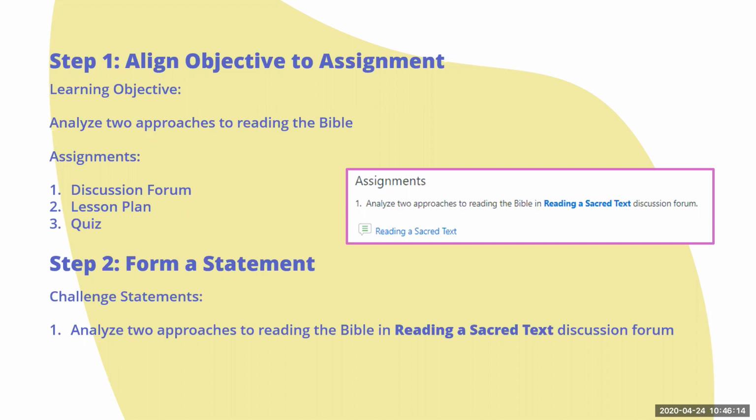Step 2 is to form a statement that connects the learning objective and the assignment. Again, in this example, analyze 2 approaches to reading the Bible in Reading a Sacred Text discussion forum. Now we are informing students of the connection between an objective and the purpose of an assignment, as well as informing them at what point in the course their performance of the objective will be measured. Again, the objective is no longer in isolation from the actual assignment. It's connected, making those connections clear to students as well.